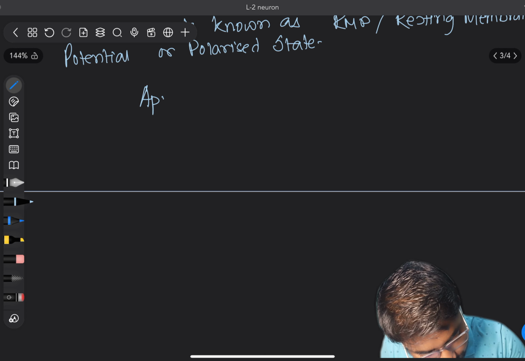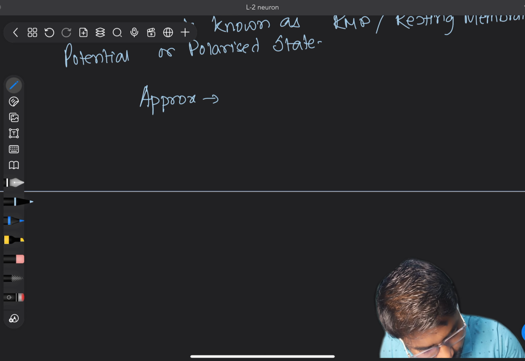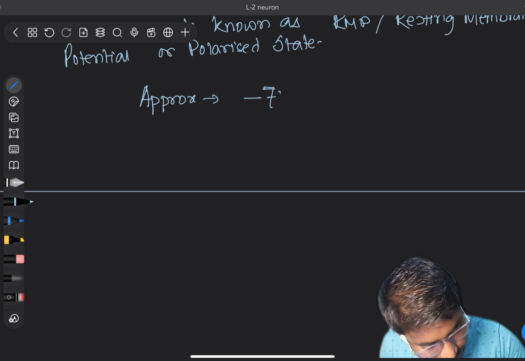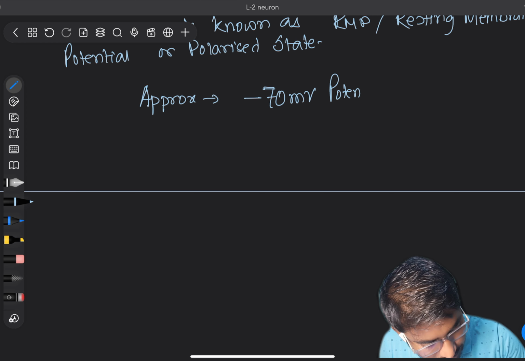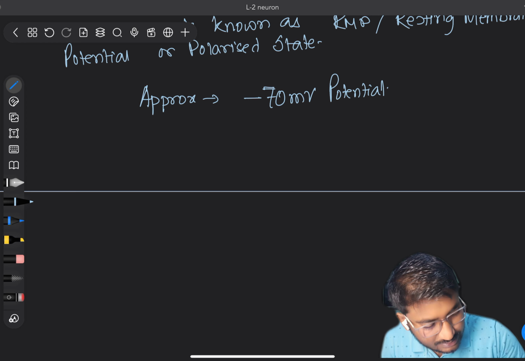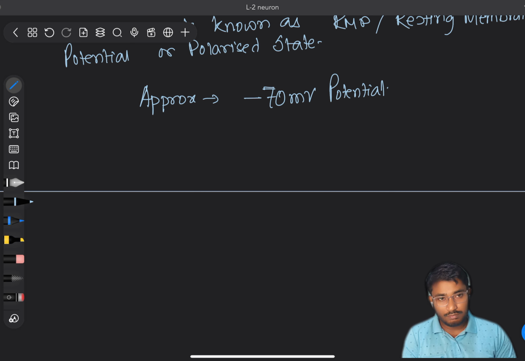It is approx minus 70 millivolt potential.